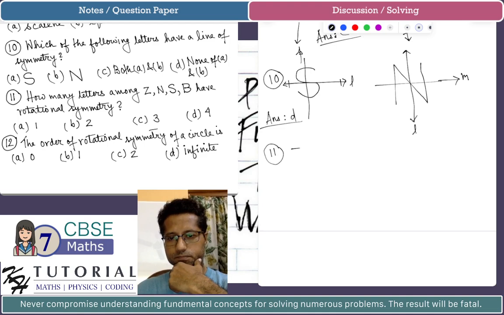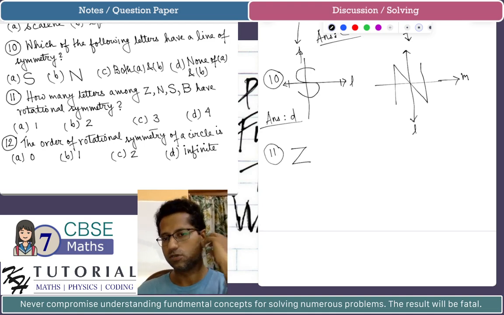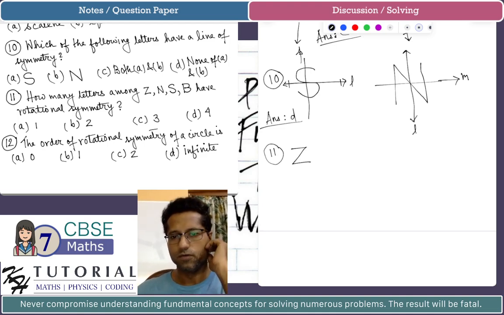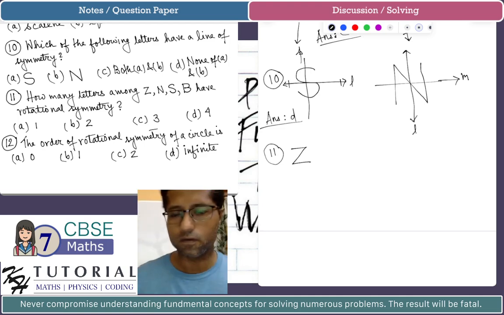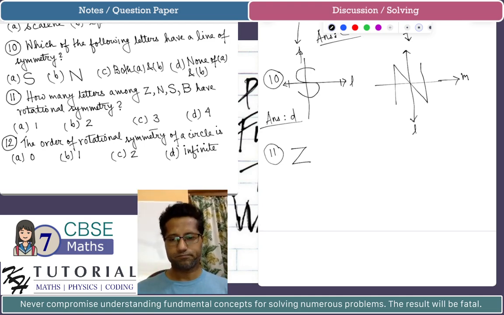Z. Let's see whether Z has rotational symmetry or not. If you rotate the letter Z 90 degrees clockwise, what will you get?